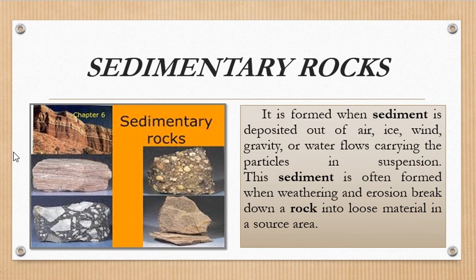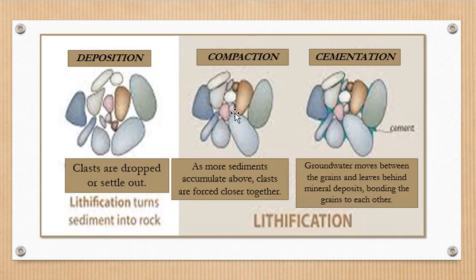Now, to show you the process of how sedimentary rocks form, this process is what we call lithification. Lithification is when sediments or small particles become a rock, specifically a sedimentary rock.